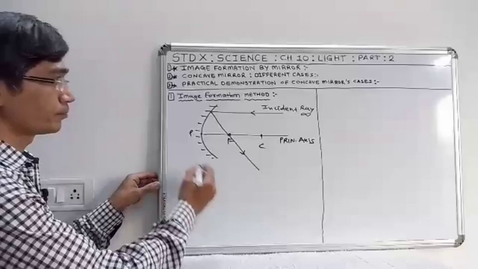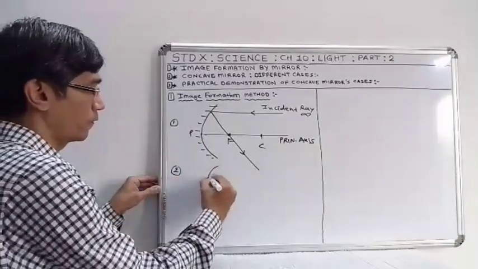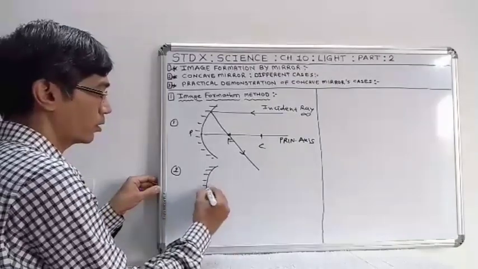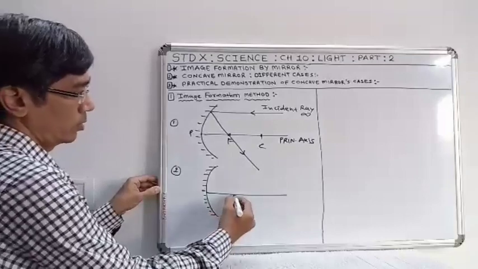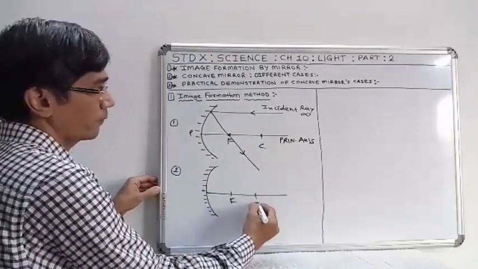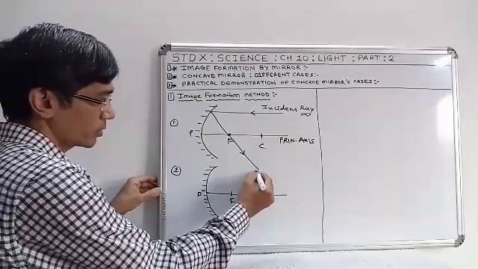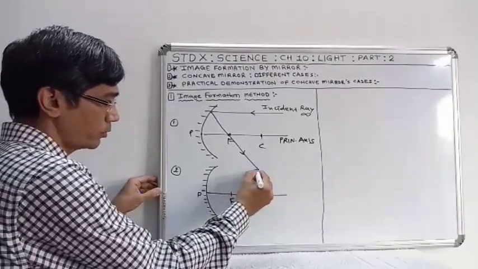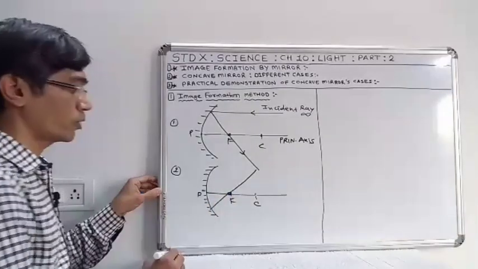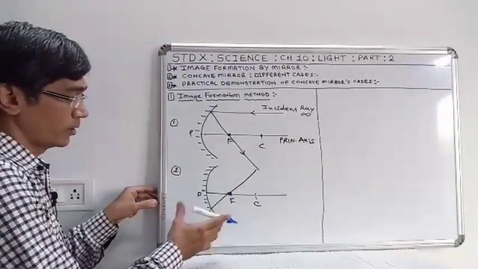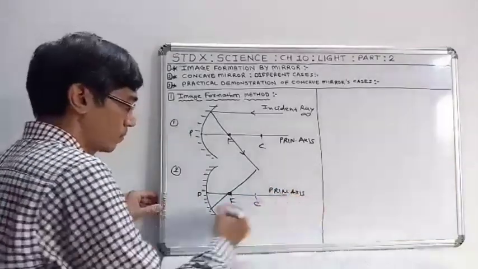In the same way, here we are taking the concave mirror, and here is the focal point F, this is the C. If the rays coming pass through the focus, then after reflection they become parallel to the principal axis.